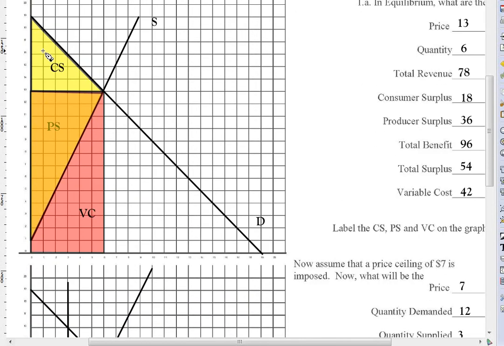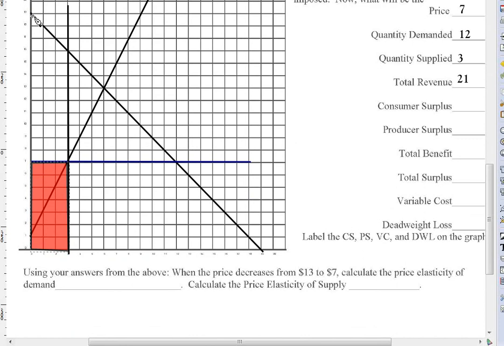So I colored that yellow up there, so let me use the same color here this time. So it's all that. So it's made up of a triangle and a rectangle there. And let me select that and make that yellow.